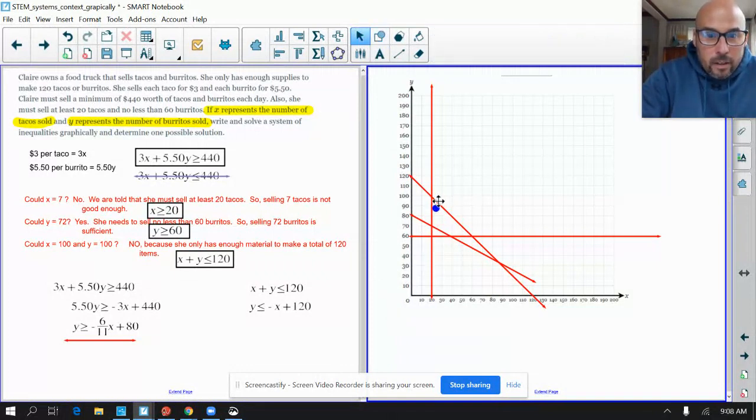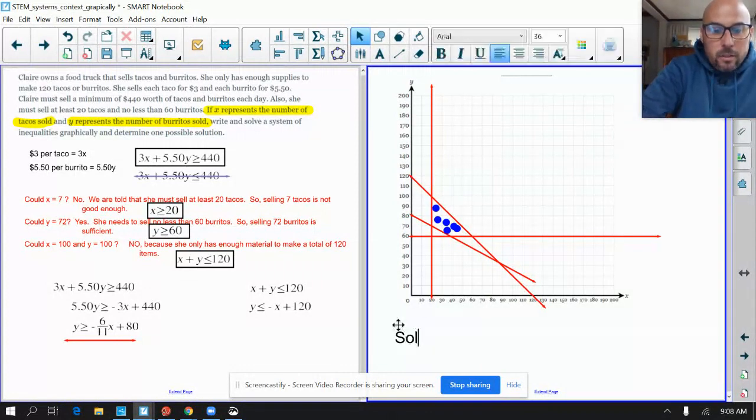They are all in here, my friends. Any ordered pair in here will be a solution for Claire. Any ordered pair in here has more than 20 tacos, because it's to the right of this, has more than 60 burritos, because it's above this, makes more than $440, because it's greater than this line, and it's less than 120 items, because it's under this line.